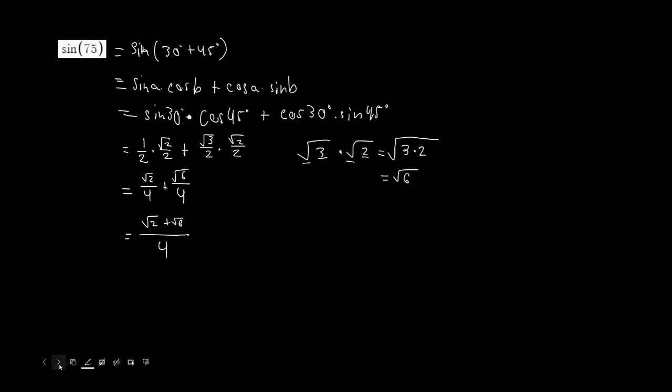Okay. Next, cosine 165 degrees. So I will think of two special angles here. I can think of two whose sum would be 165 degrees, and this is 120 degrees plus 45 degrees, because 120 degrees plus 45 degrees is 165 degrees.